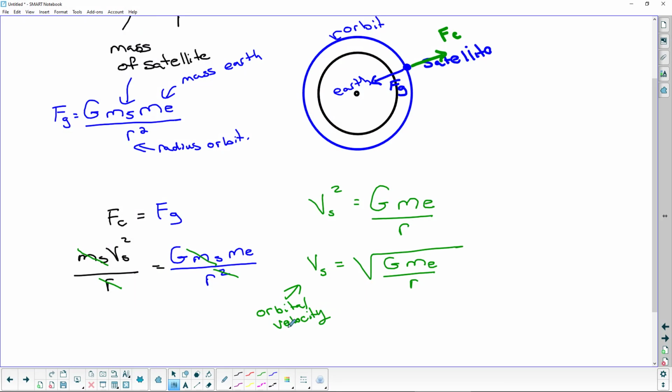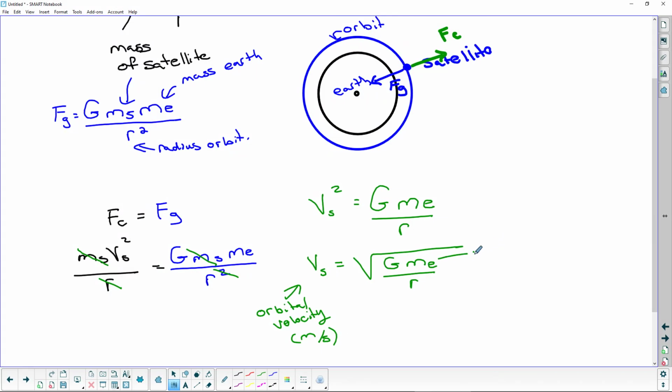Now, the orbital velocity. Our typical metric system velocity is meters per second. We know what G is; G is always the same, and we'll put it in later.